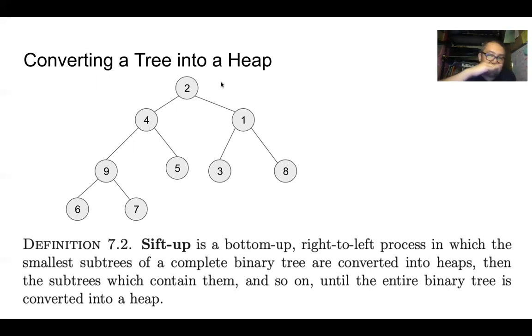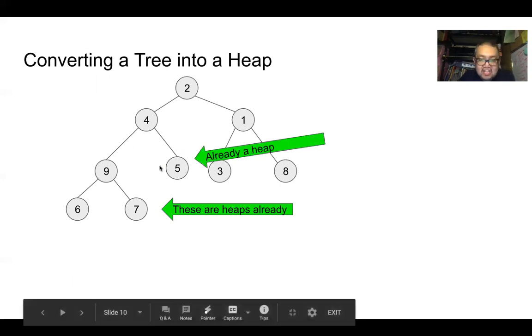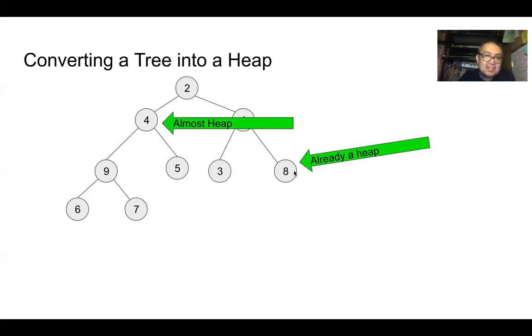So we start from the bottom. These are heaps already, since they are only single nodes. Similarly, this one also. This is an almost heap. What do we mean by an almost heap?